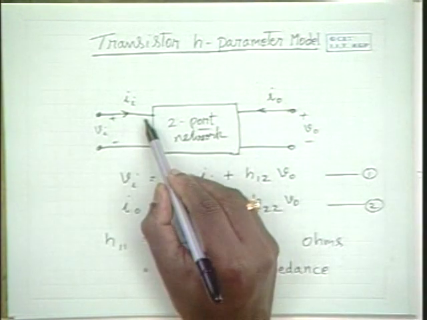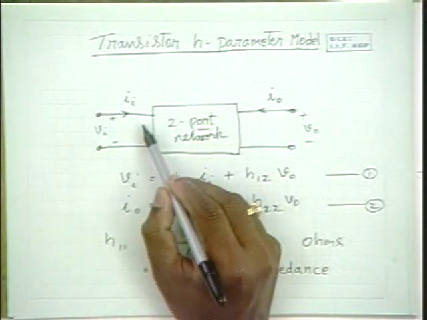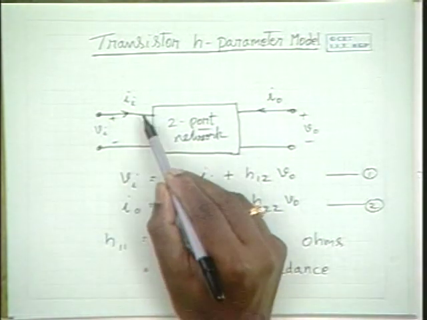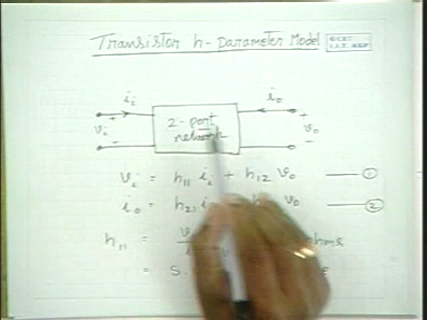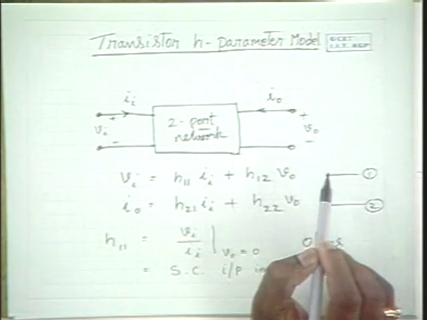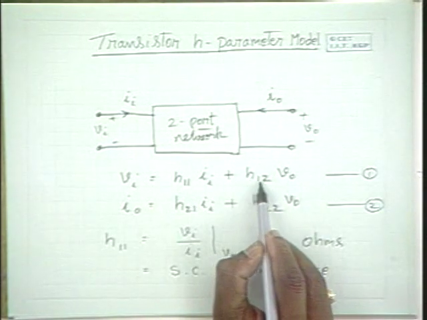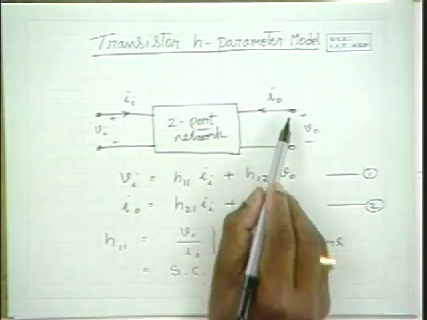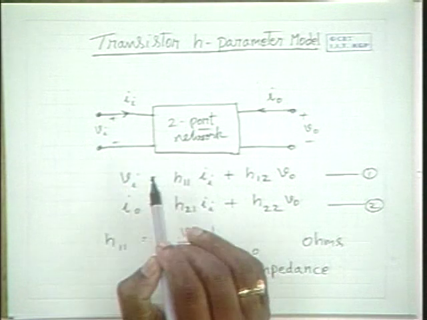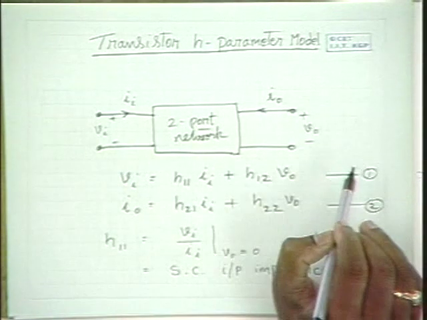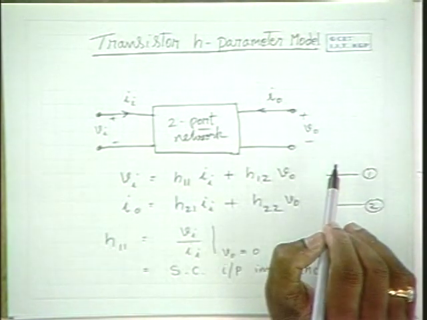So whatever input voltage appears at the open circuited input, the ratio of that voltage to V0 gives you H12. I repeat, H12 is Vi by V0 when the input is open circuited and when V0 is applied to the output circuit.